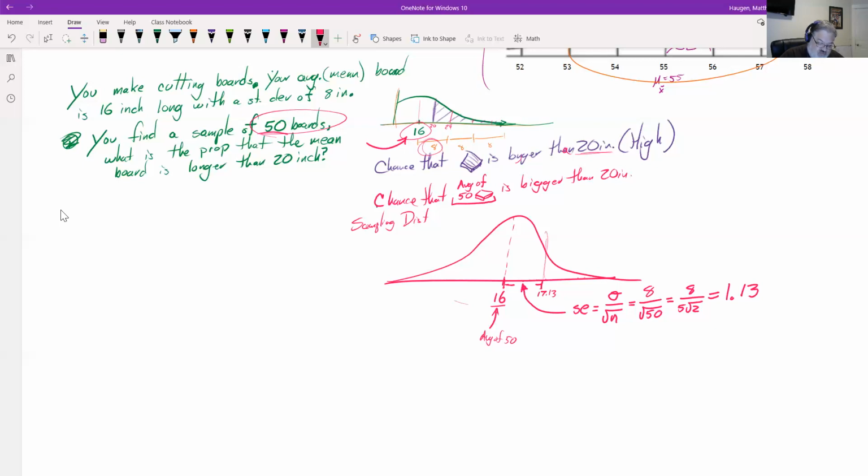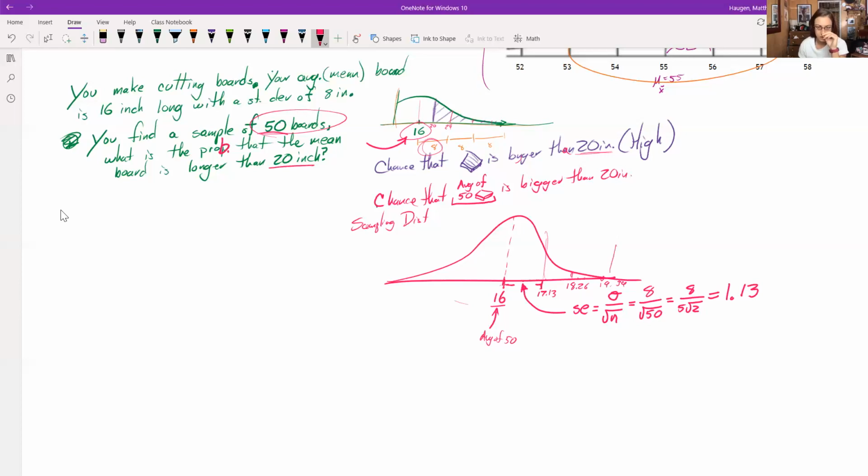So what's the probability that the mean is longer than 20 inches? Well, 1 standard deviation, it's only at 17. 2 standard deviations up would be what, 18.26. 3 standard deviations up would be 19.39.